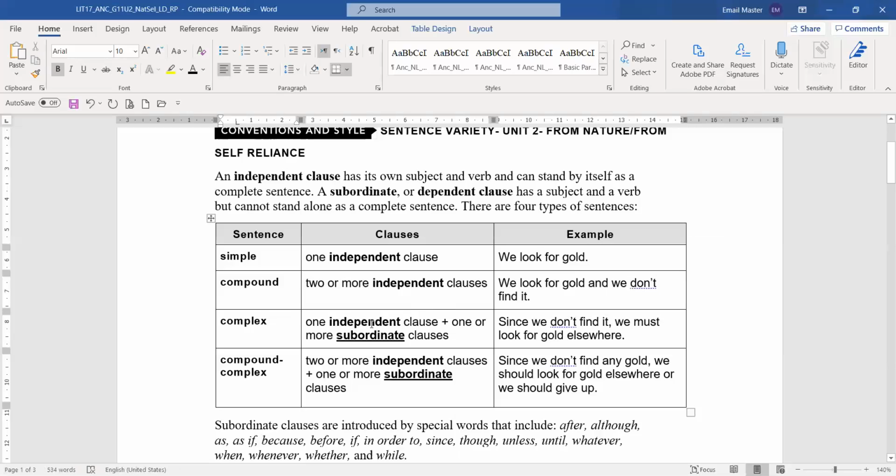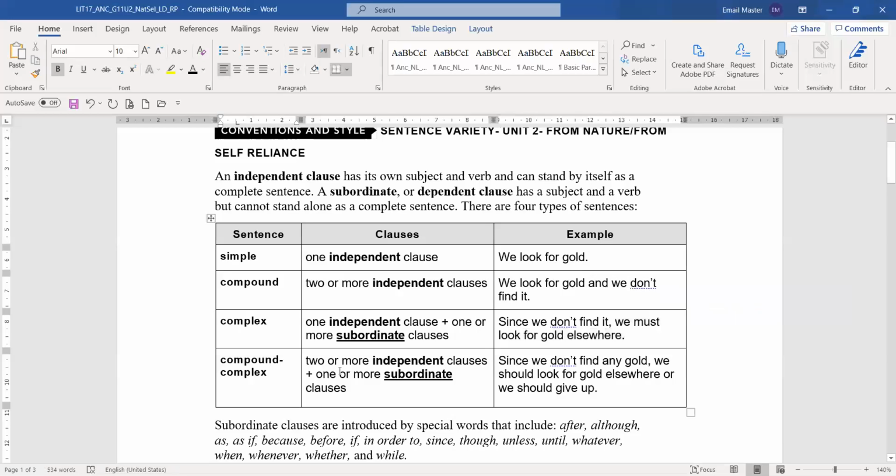Complex sentence, there should be at least one independent clause and one or more dependent subordinate clauses. Since we don't find it, so this is the subordinate, dependent, in other words, we must look for gold elsewhere. So we must look for gold elsewhere is the independent sentence because it can stand on its own as a complete thought.